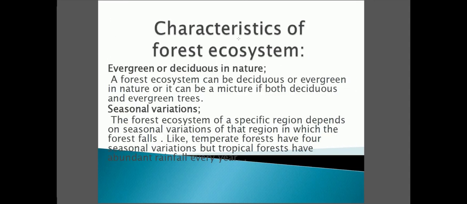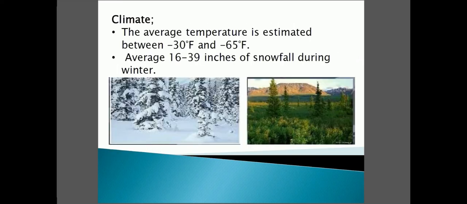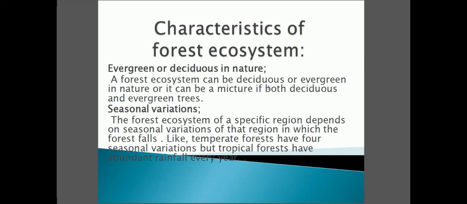So let's come again to the characteristics of the forest ecosystem. What could be the characteristics of the ecosystem of a forest? The forest ecosystem could be divided into evergreen or deciduous in nature.